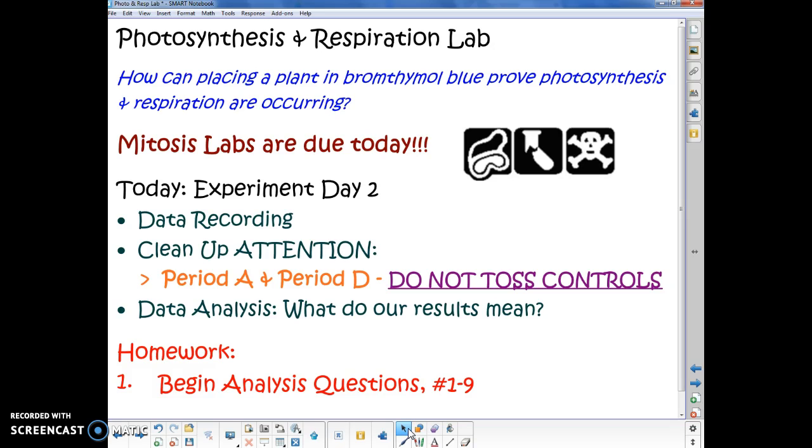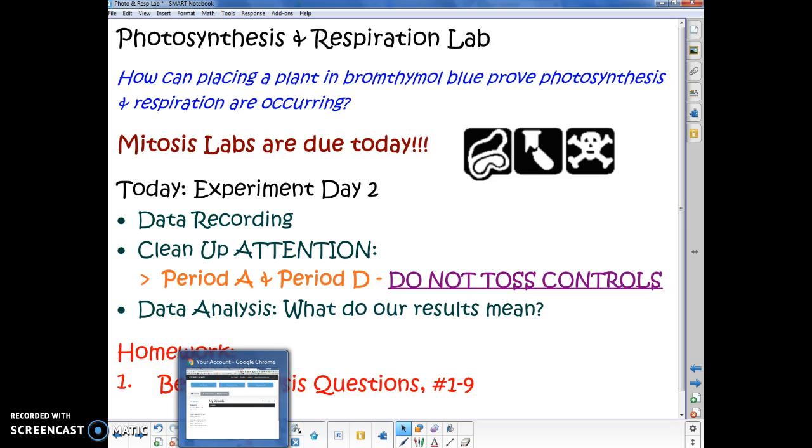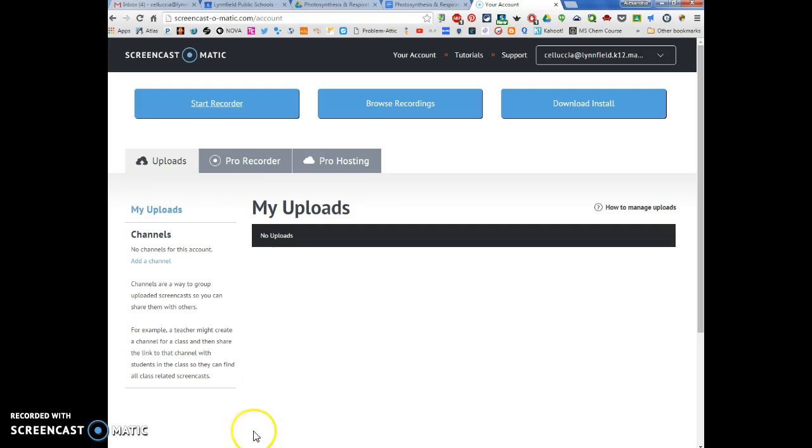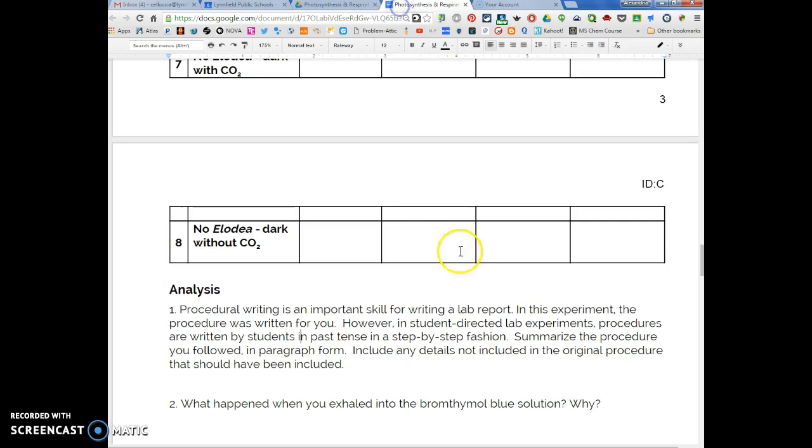As you begin the data analysis, question 1 asks you to think about what the procedure was that you conducted during the experiment. In this lab, you are not only going to be writing about the procedure that you did for photosynthesis, but also the procedure that was done for respiration.